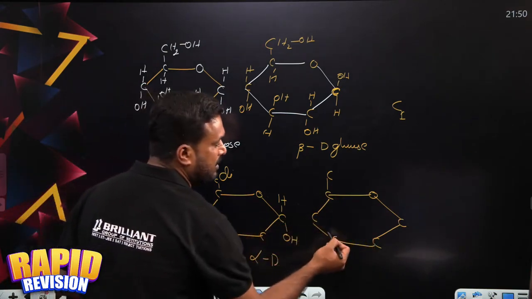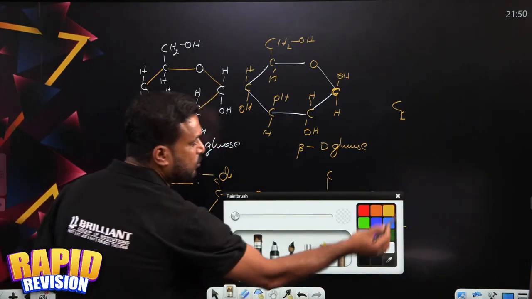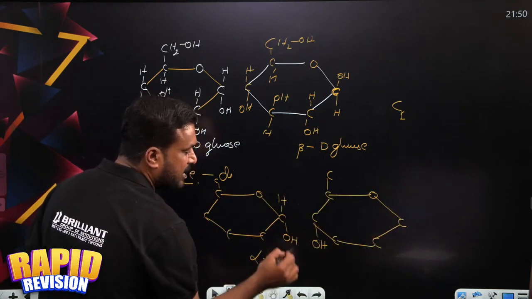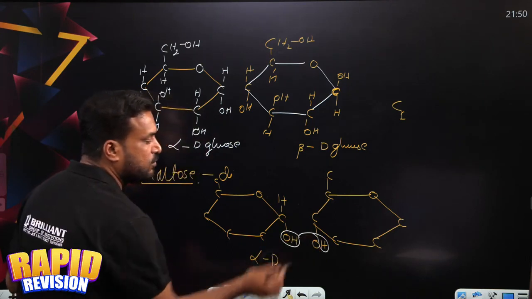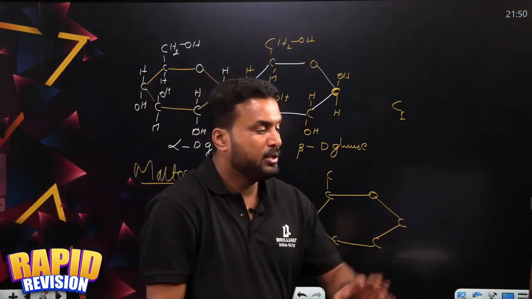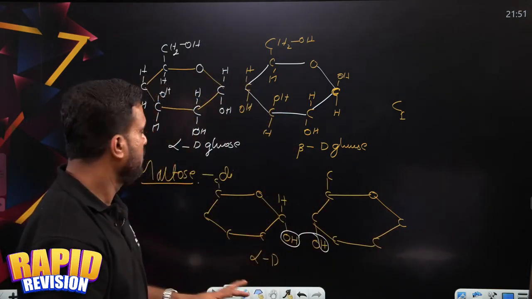Here we are going to connect like this. Here there will be an OH. So between these two OH groups, what is going to happen? This OH and H will be removed. Then what will you get? You will get an oxygen bond. No need to draw, just for understanding, that's what I'm saying.